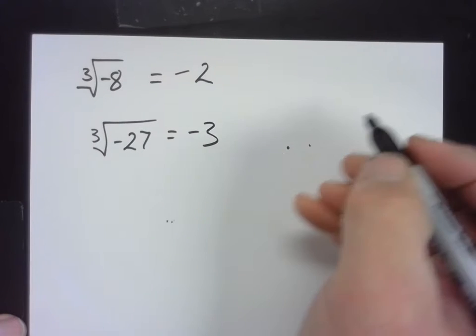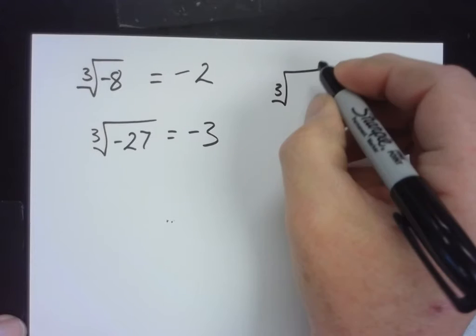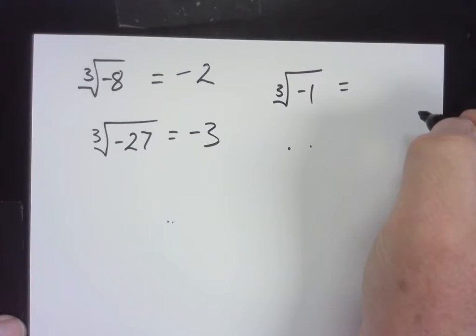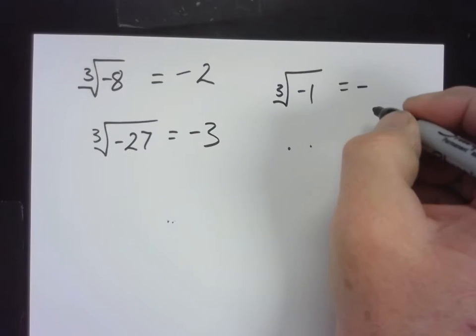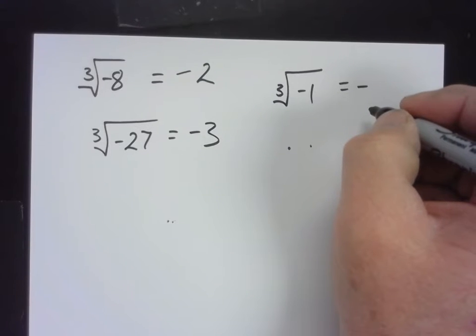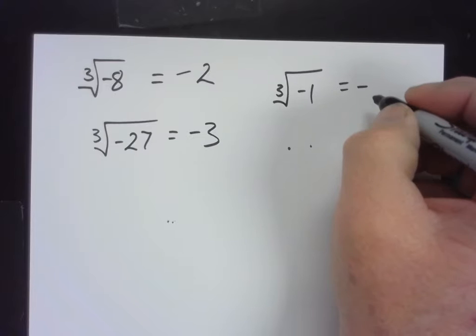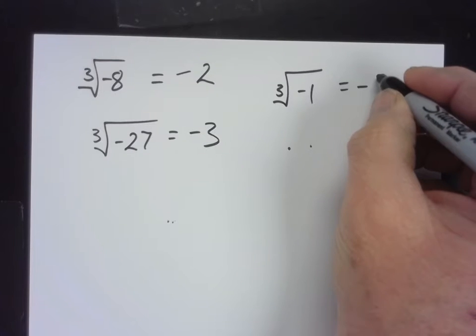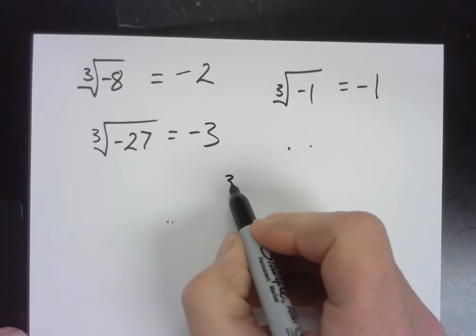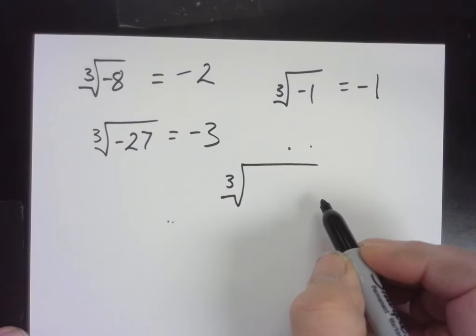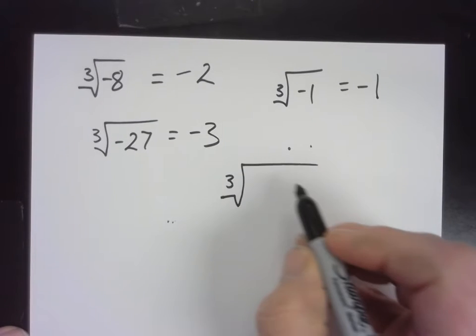We could do this one too. The cube root of -1. It's negative. Isn't it? Doesn't it have to be a negative number? So, negative what? 1. How about the cube root of, I don't know, -64?